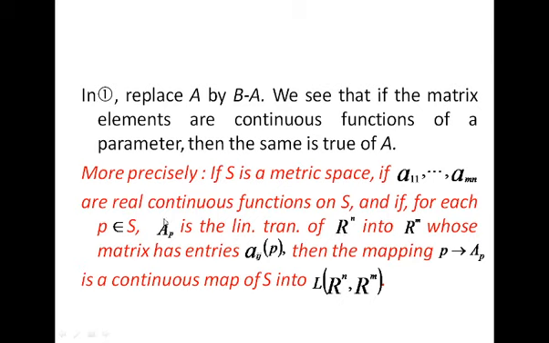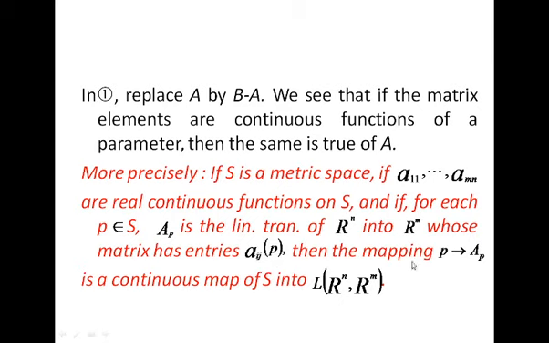So that linear transformation depends on the point fixed. Understood? Therefore we call that linear transformation Ap, where p is the point fixed in S. And since it is a linear transformation, it has a matrix, given by these functions aij of p.